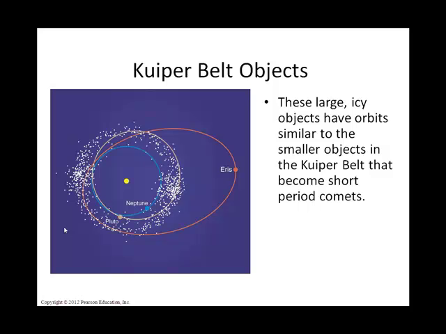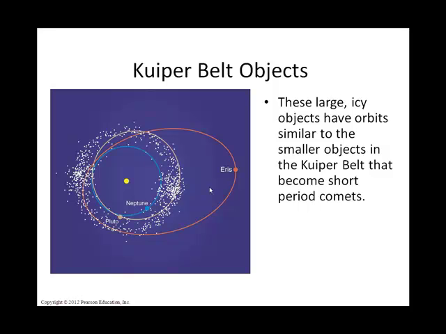If we map the Kuiper Belt objects, they are mapped in white here. The center is the sun, and we see Eris making the red orbit, Pluto is a tan orbit, and our last Jovian planet, Neptune, is blue. If you remember, when Pluto was recategorized as a dwarf planet, one of the conditions to be a planet was that the object must have cleared its orbit.